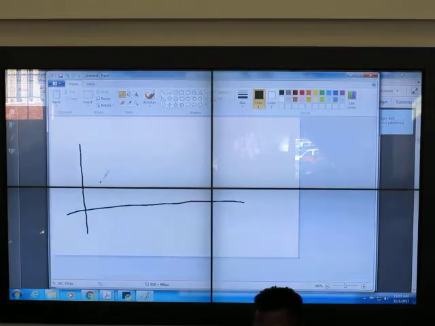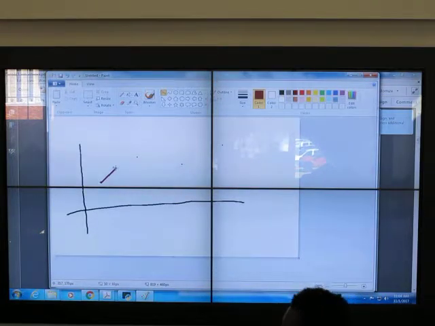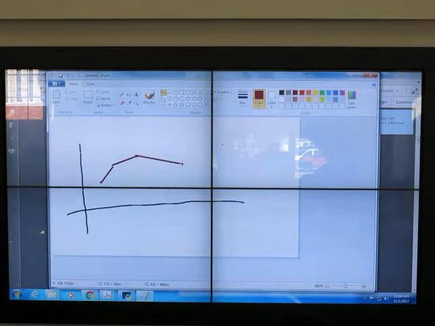You have this point, this point, this point, this point, this point. Of course, for linear interpolation, we connect each dot with a straight line. Just straight line, no curve or anything.